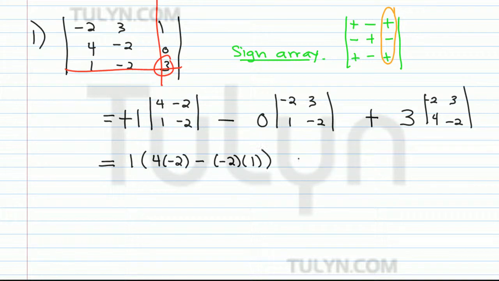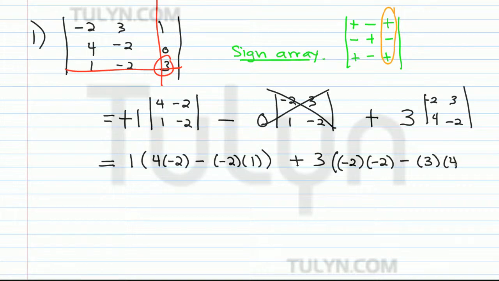A lot of minuses, sorry about that. For the second term, it's going to be 0 multiplied by this determinant. But since 0 times anything is 0, we can just get rid of this term right away. What's left is the last term, which is 3 times -2 times -2 minus 3 times 4.